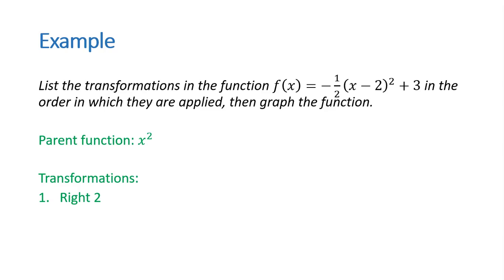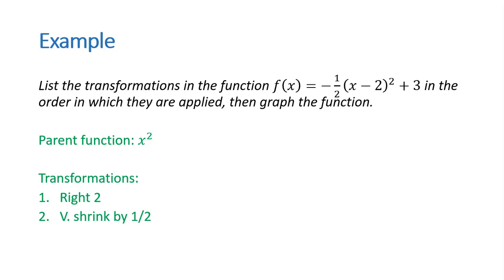Because it's half, something between 0 and 1, we're multiplying the function by a fraction, it's going to be a vertical shrink by half. So if we take the distance from the x-axis on the original graph, we're going to cut that distance in half. In other words, all the points are going to be compressed vertically.